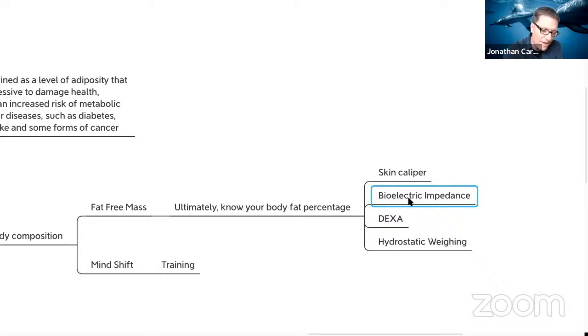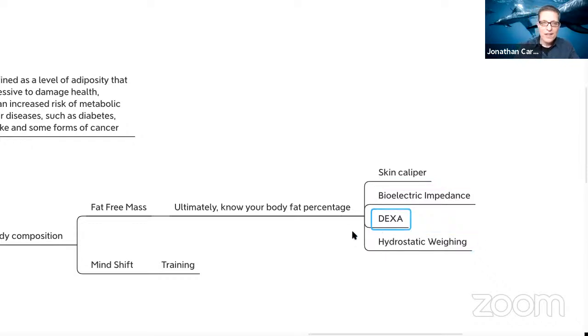One that I recommend is a company called Fit Index. It has a very, very cheap one. I think it's like $20-something. And they also have a tape measure. I have it here actually, where you can measure different parts of your body to have a general idea of what your body composition is.